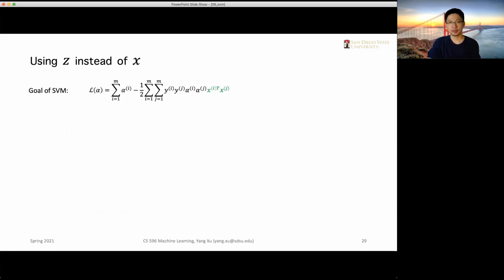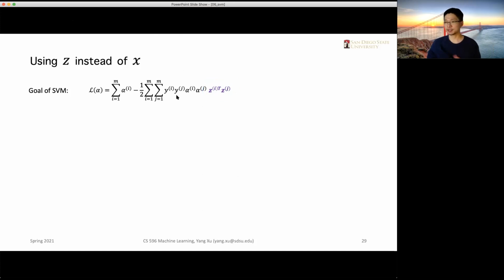Remember, our goal for SVM is to minimize this Lagrangian with respect to alpha. We can simply replace the inner product between xi transpose and xj with the inner product in z space, because we have converted all the data points into z space.